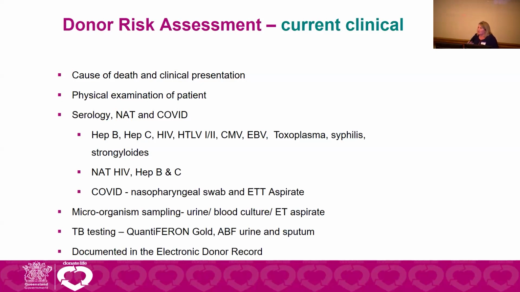We've had a really good relationship with our labs, so we get those results on the night, within about 4 hours of sending them. And they're currently under review as to whether donors will continue to be COVID tested or not.